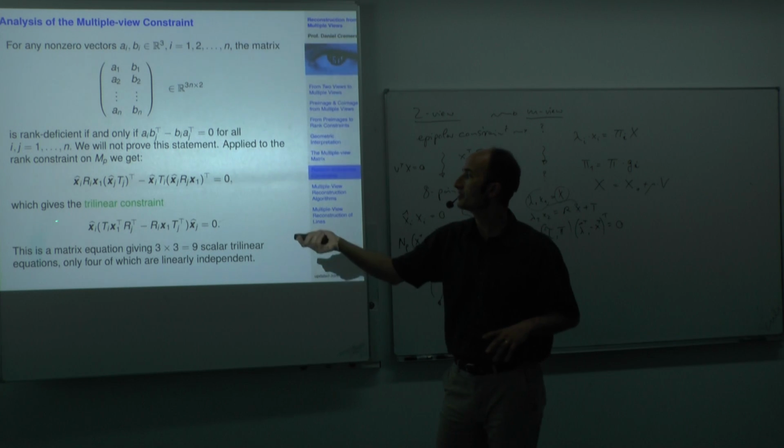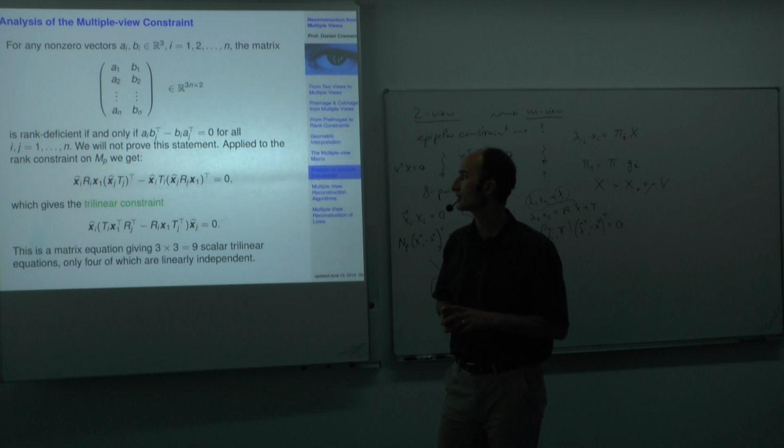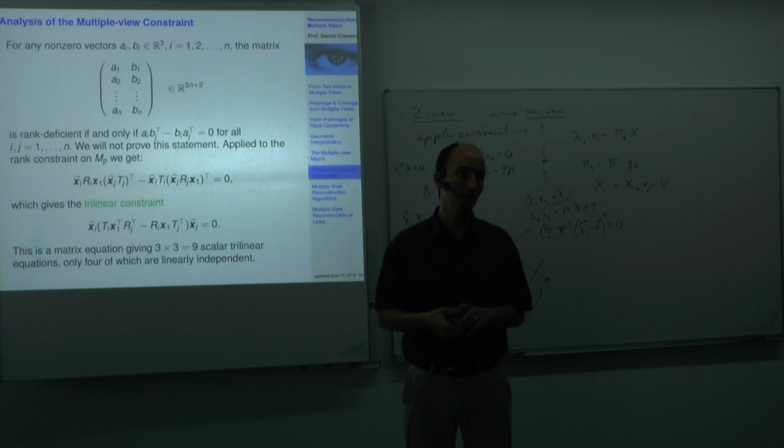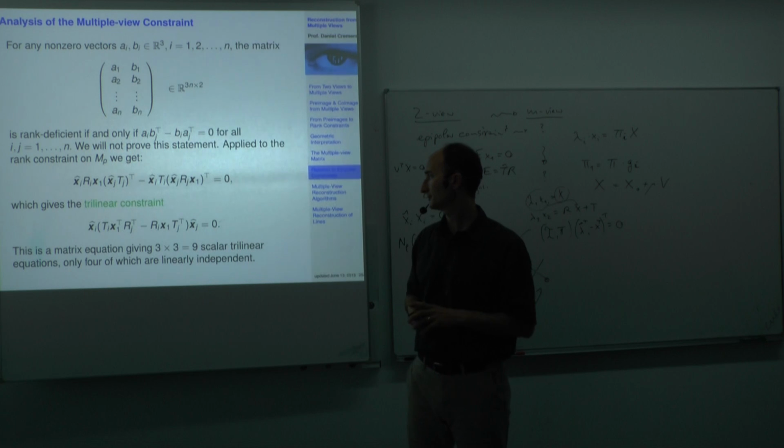And so this equation that we have here is a matrix equation that has 3 by 3, 9 scalar trilinear equations. And only 4 of them are linearly independent. So there are 4 equations really in this matrix system.